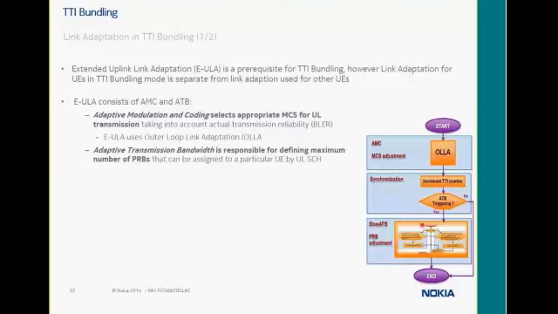But other than that, it's going to continue using the same structures, except those parameters for that specific UE are going to be hard set during its TTI bundling mode.